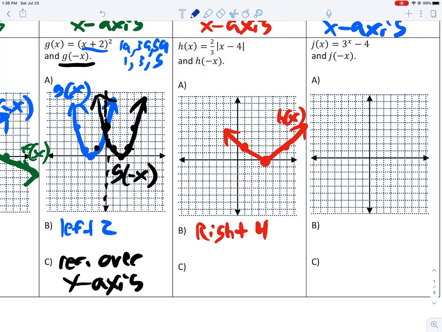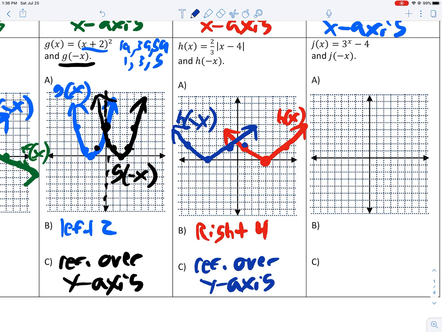And then we're going to do the reflection. So this is going to be a reflection over the y. So this one here is now going to be here. This one's 4 to the right. Now 1, 2, 3, 4 to the left. So there we go. There's your reflection.